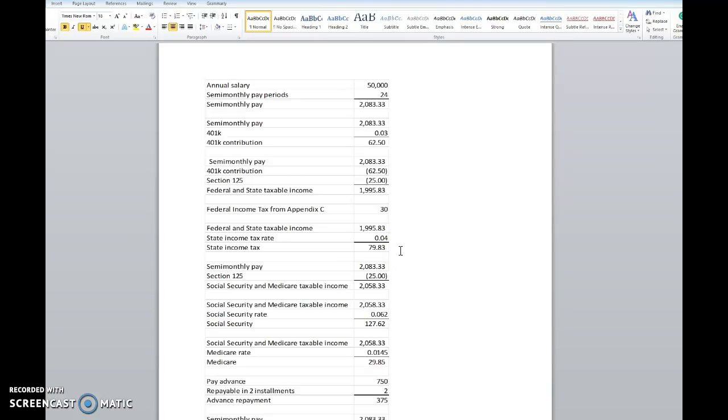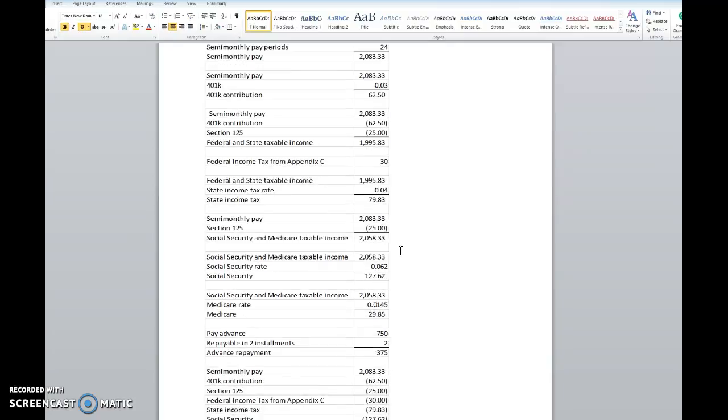Now, in order to figure out his Social Security and Medicare taxable income, you're going to take $2,083.33 minus the $25. So the amount that's eligible for Social Security and Medicare taxable income is $2,058.33. Multiply that by your Social Security rate of 6.2%.